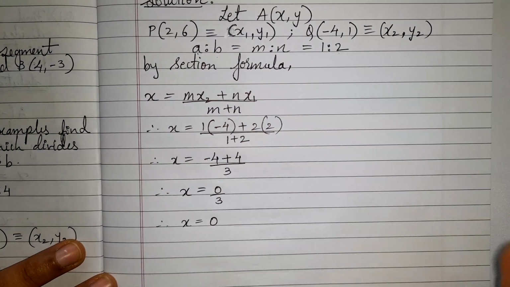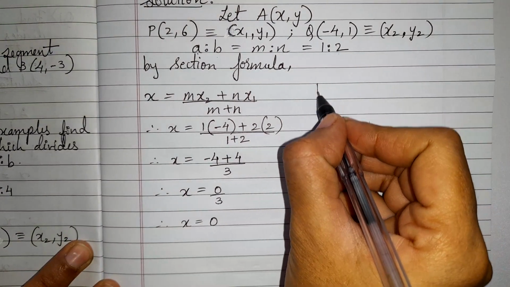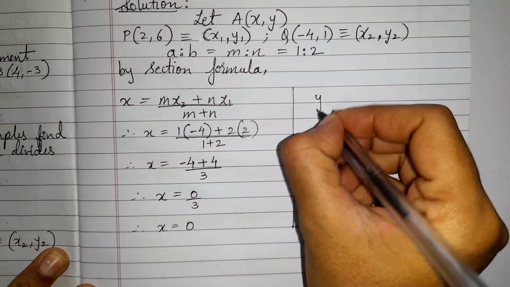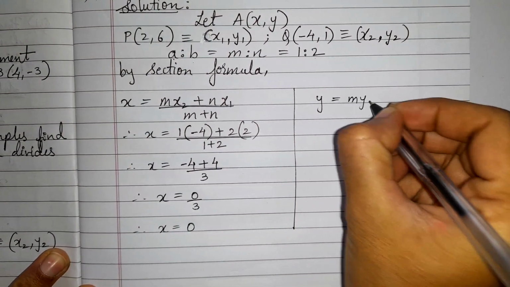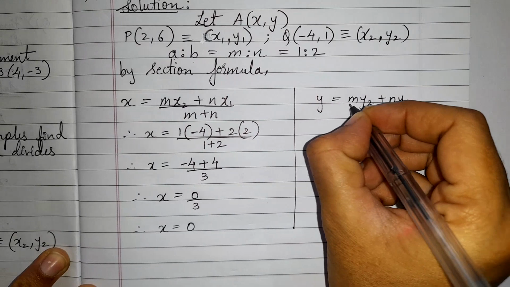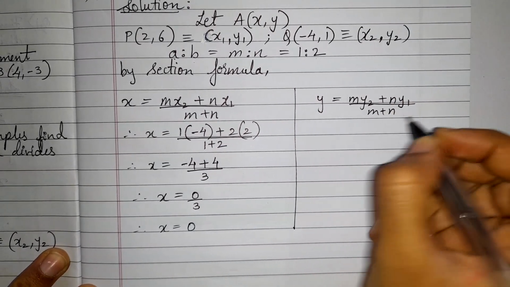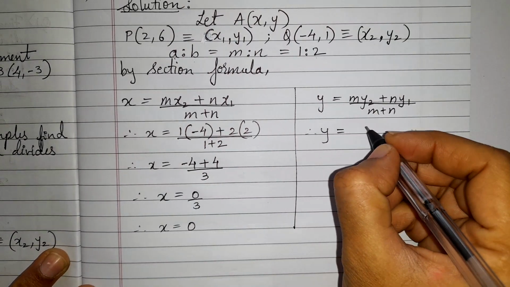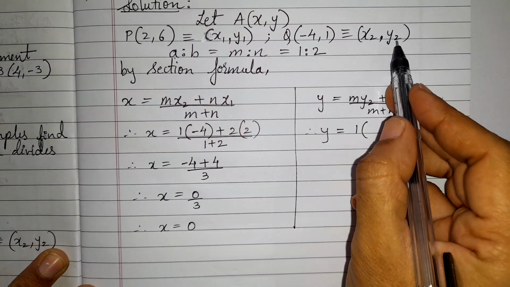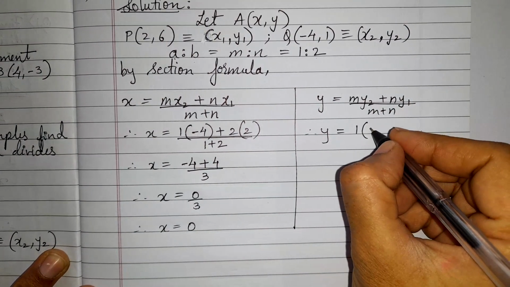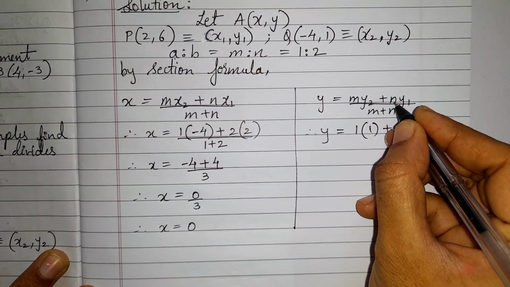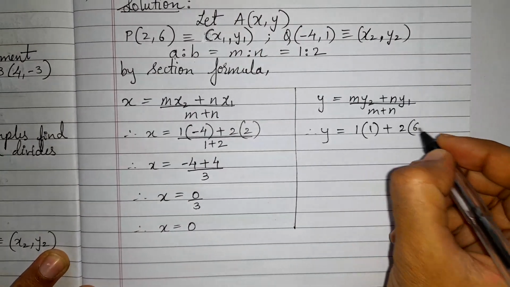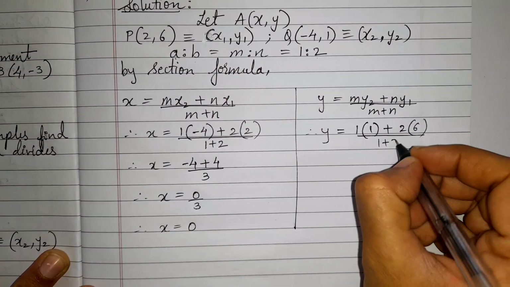Now we find the y coordinate. Y equals to my2 plus ny1 by m plus n. Therefore, y equals to m is 1, y2 is 1 plus n is 2 and y1 is 6 by 1 plus 2.